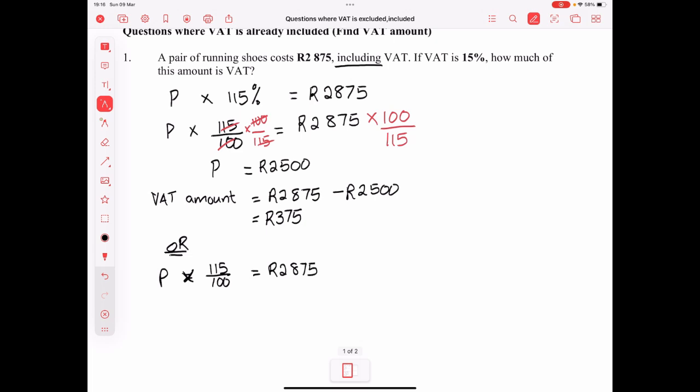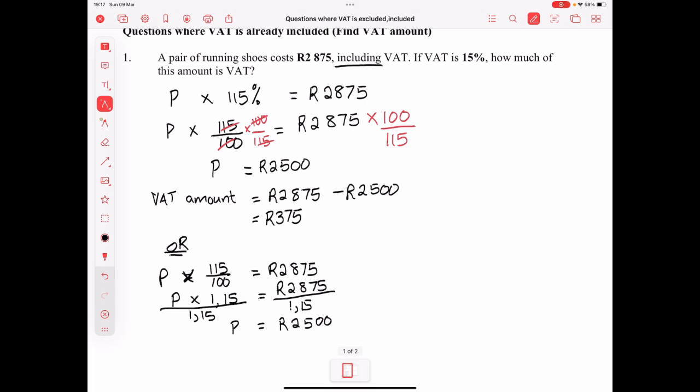Now if you divide it and you said 115 over 100, you're going to get times 1,15 equal to 2,875 Rand. And then you basically divide by 1,15 and you divide by 1,15. And you're going to get back to the answer of 2,500. That's before VAT.